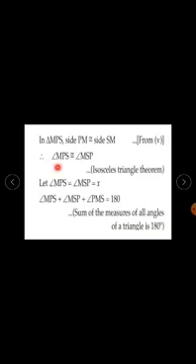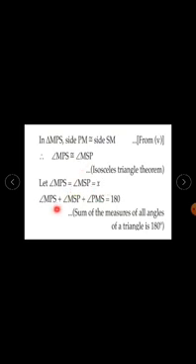Therefore, angle MPS is congruent to angle MSP, and the reason is isosceles triangle theorem. Now both angles are congruent. So let angle MPS equal to angle MSP equal to X.